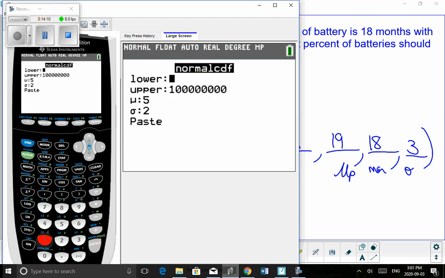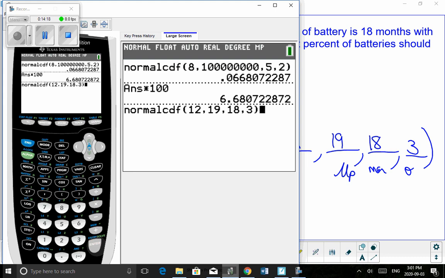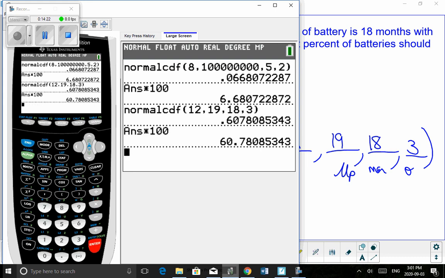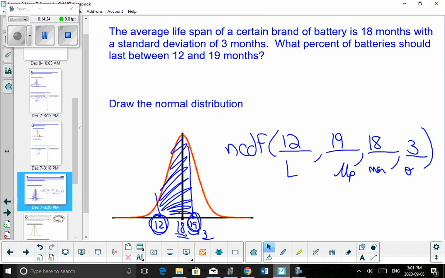So 12, 19, 18, 3. And then we're going to times that by 100. So 60.8% of batteries, so just under 61% of batteries, should last between 12 and 19 months.